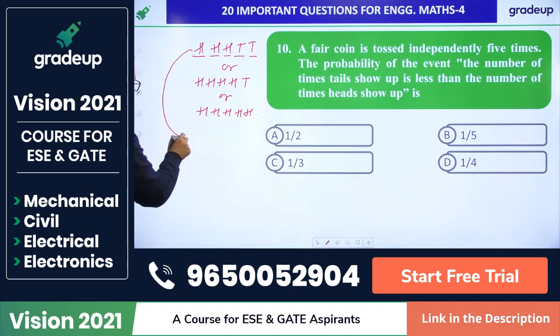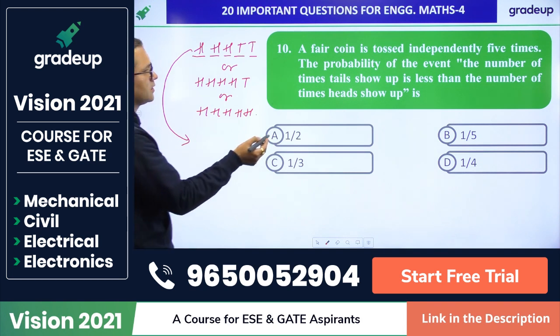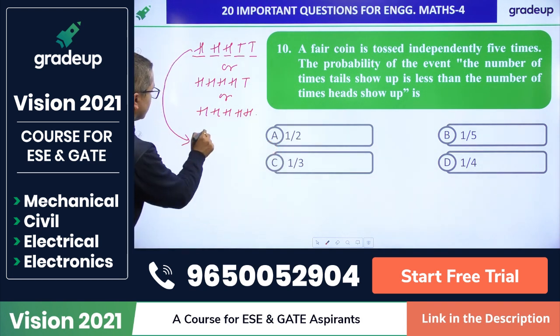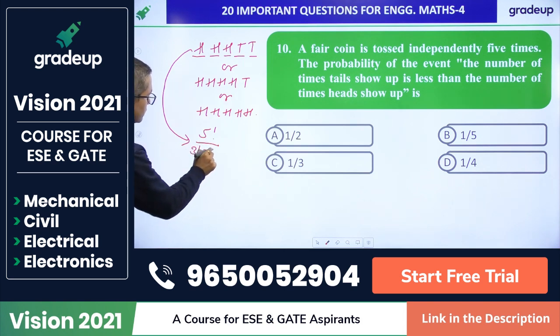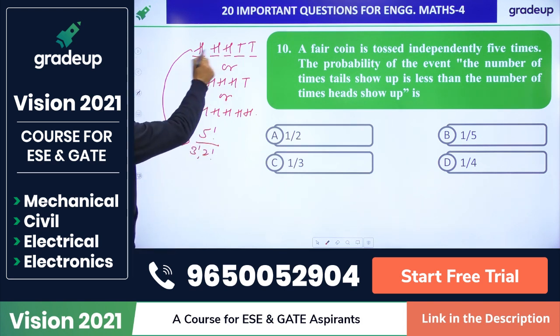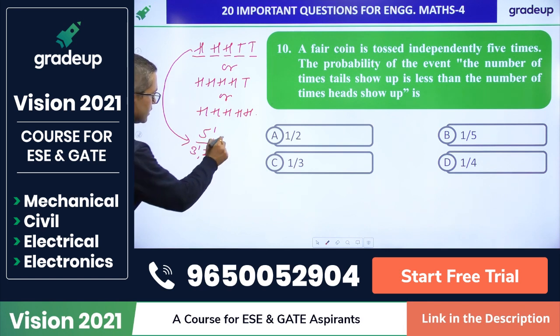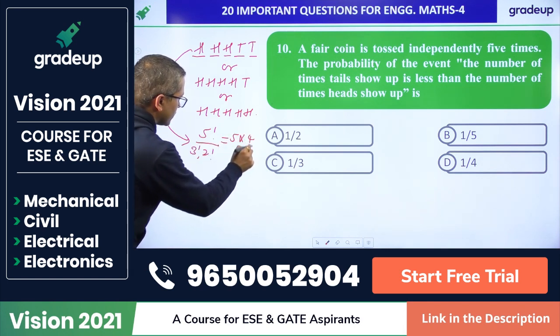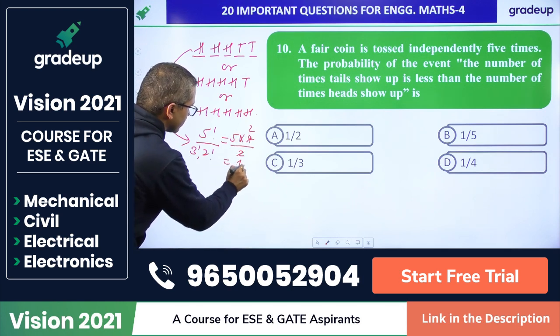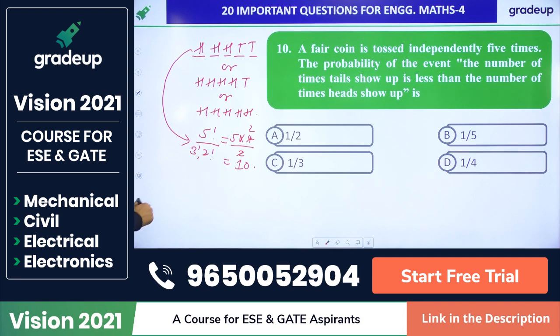Now for this, what is the number of possibilities? You need to arrange them: 5 factorial upon 3 factorial into 2 factorial, since one repeats 3 times and the other twice. Then 5 into 4 upon 2 is 10. There can be 10 ways for this.